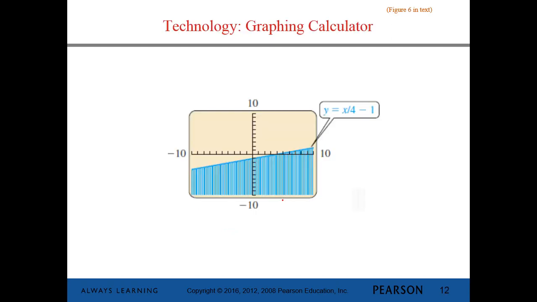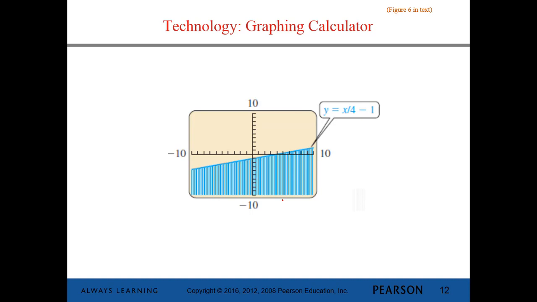Now on the calculator, it is very easy to graph half planes because you can use a symbol. You go to the y equals screen, and to the left of each equation you can change whether you want to shade above or shade below.